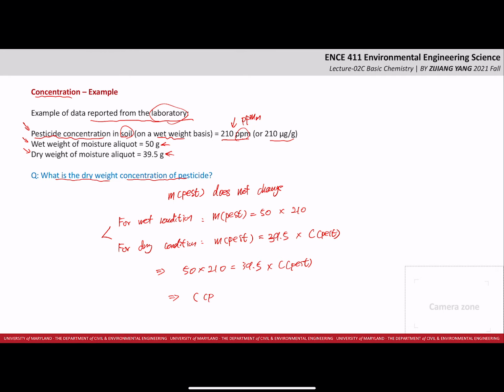So the concentration of pesticide equals, and the result is 266 microgram per gram, or ppm. So this is the second calculation question.